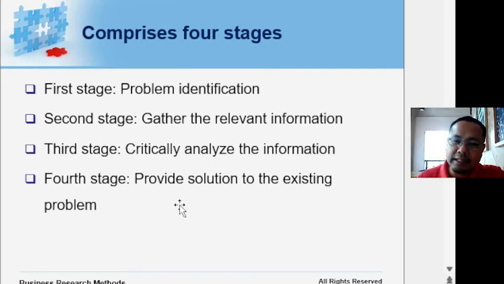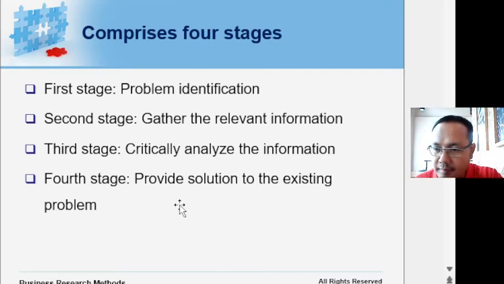Critically analyze means, in Bloom's taxonomy, you have to analyze, and that means you must have critical thinking about why that happened, and how you want to use that information properly in order to solve the problem you are looking at.